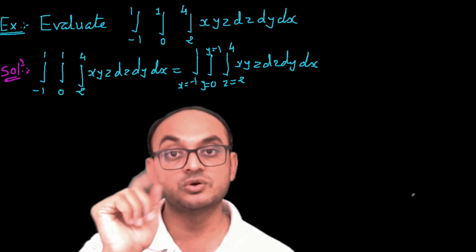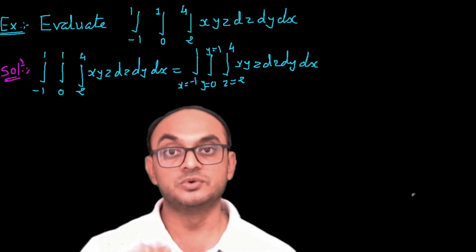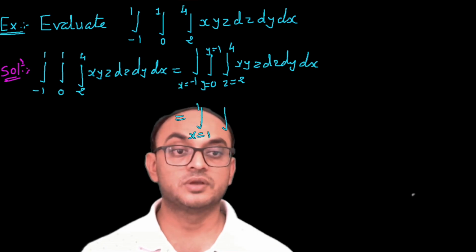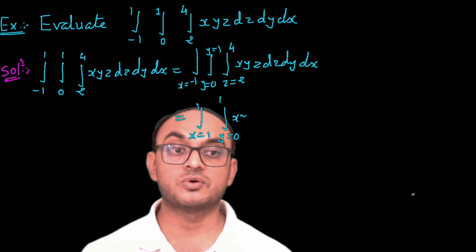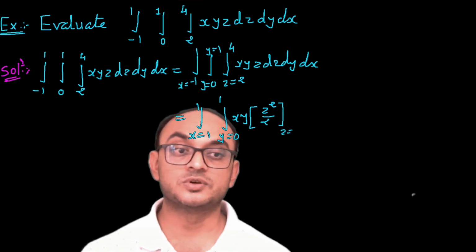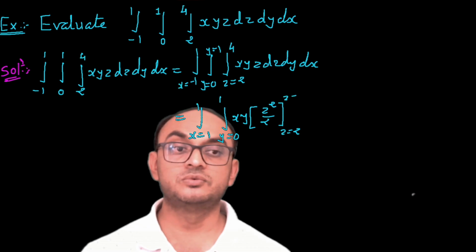Then what is the integration of z? z square by 2. So this becomes integration x is equal to -1 to 1, integration y is equal to 0 to 1, x and y are constants, and the integration of z is z square divided by 2, with the limit z is equal to 2 to z is equal to 4, dy dx.